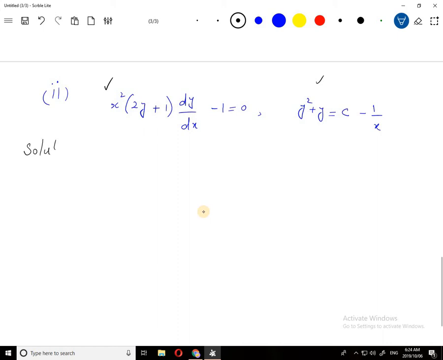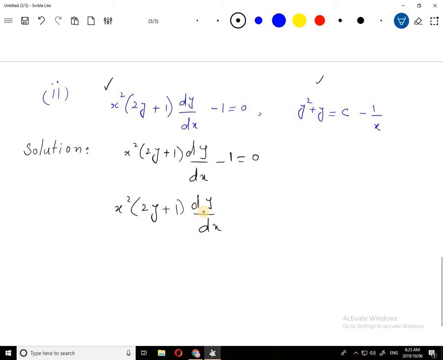Okay, so if I just take this negative 1 to the other side, I can write this as 1.